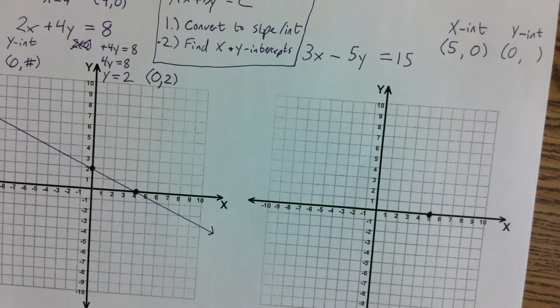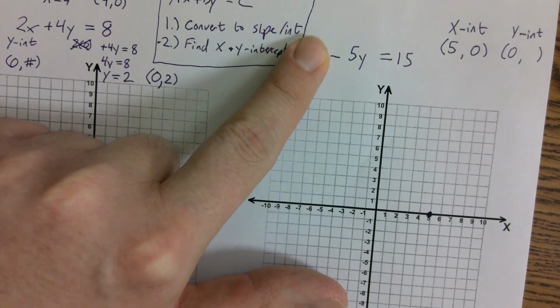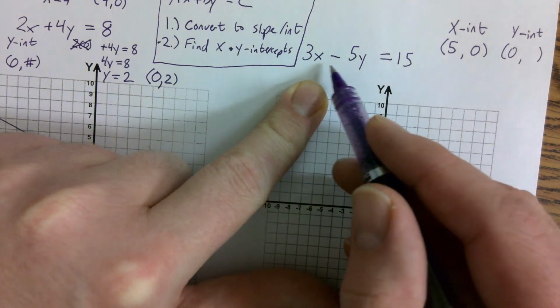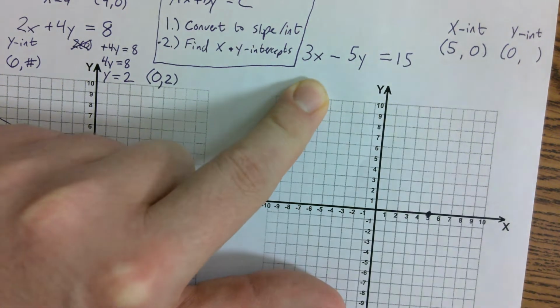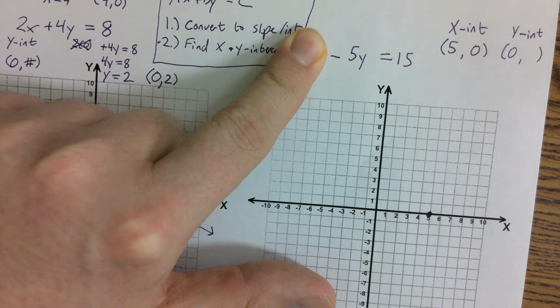Now for the y-intercept, I once again can do the cover-up method. I'm just going to cover up the x. Okay, and I don't cover up the operation between them, whether it's positive or negative. Especially if it's negative, because I have a negative 5y, and I want it to become 15.